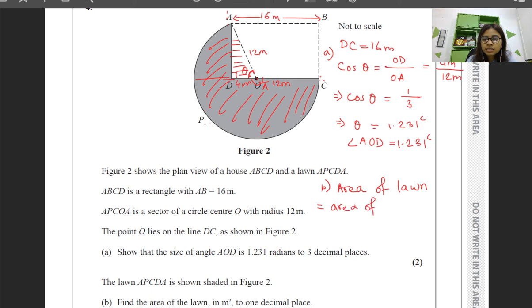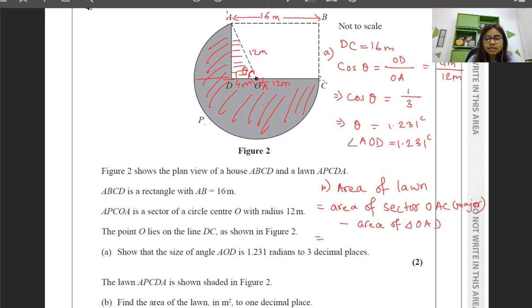So area of sector OAC, the major sector OAC, then minus area of triangle OAD.